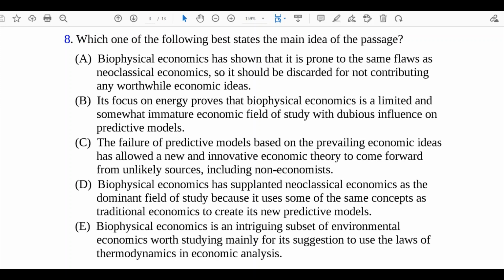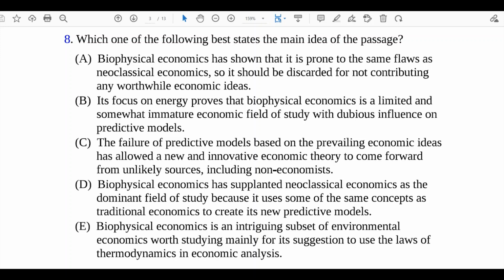And the last option is E. Biophysical economics is an intriguing subset of environmental economics, worth studying mainly for its suggestion to use the laws of thermodynamics in economic analysis.